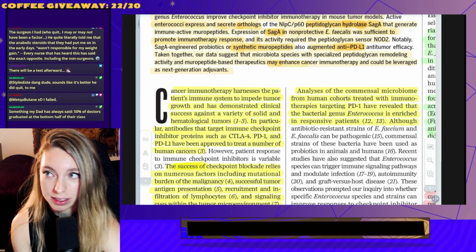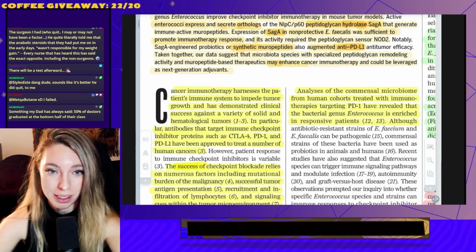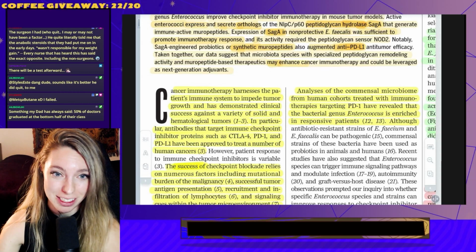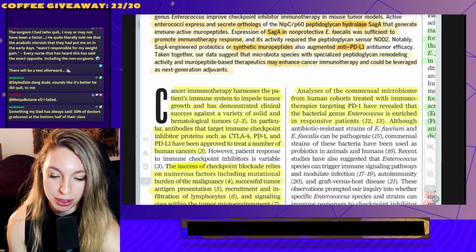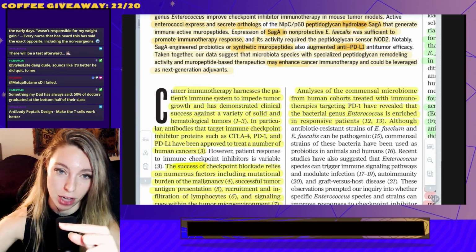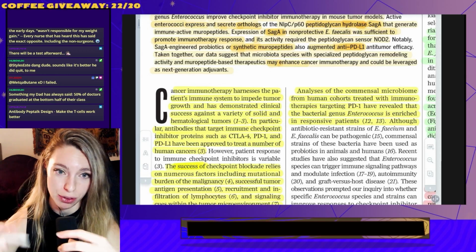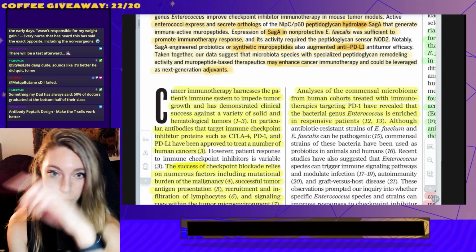Adjuvants are just things that are added along with a main therapy to help ignite a strong immune response. When you're thinking about immune responses, imagine pushing the first domino on a whole line of dominoes and it creates a chain reaction. That's what an adjuvant does. It helps push that first domino.